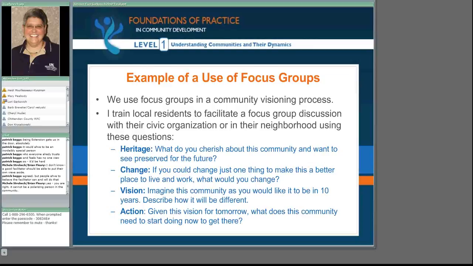Or someone from the library board says, I want to go to that training and I'll come back and lead a discussion. Or someone in a geographic area of the community says, I think people in our part of the county need to be able to talk about these issues.